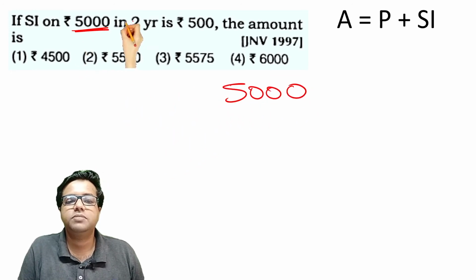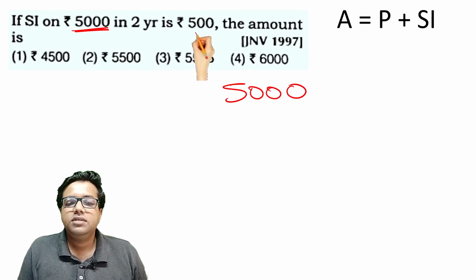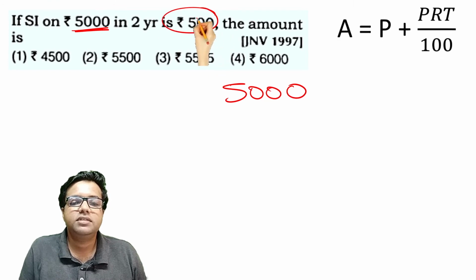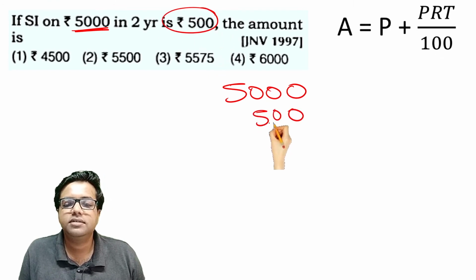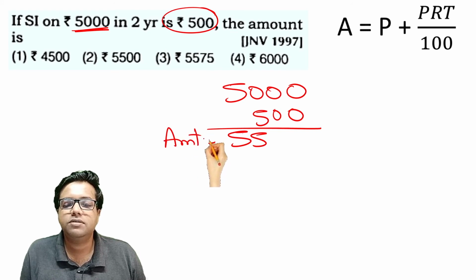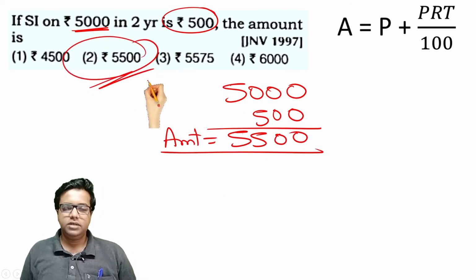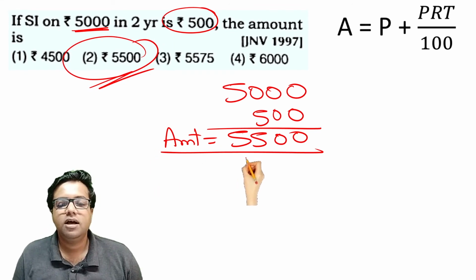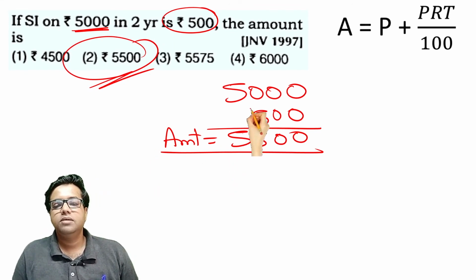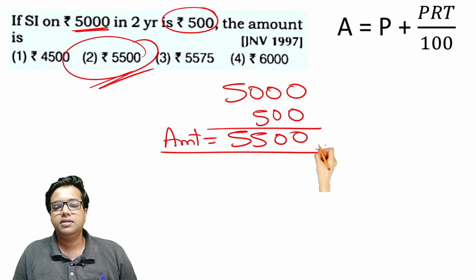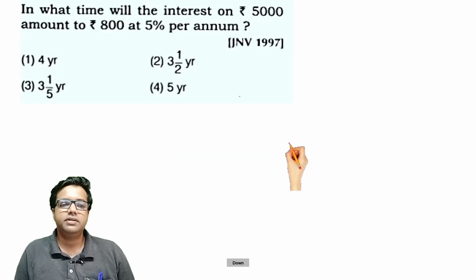And what is the simple interest given here? Which is 500 rupees. We need to add that. We will get the amount. Amount is equal to 5,500 rupees. Very straightforward question. You don't have to use a formula also. Amount is equal to principal plus simple interest, which gives us 5,500 rupees.